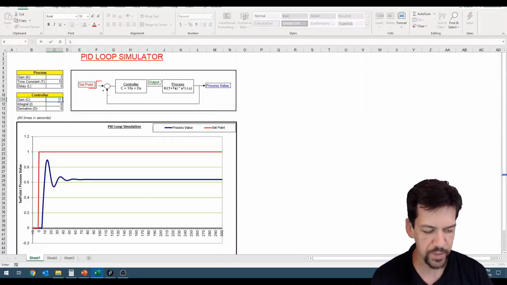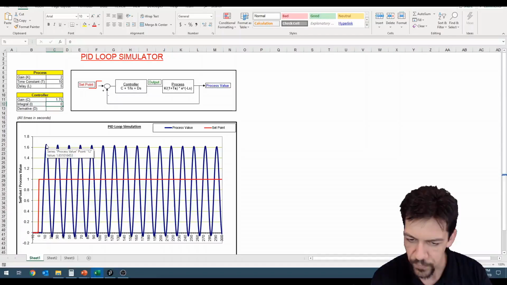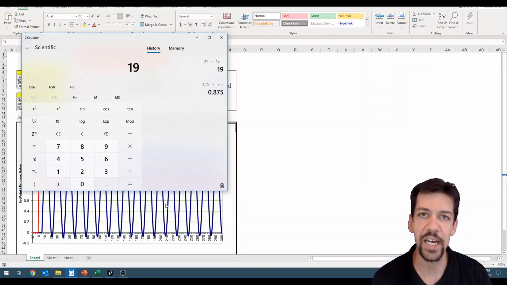So let's look at my critical period, and it looks like that's between 12 and 31. So 31 minus 12, whatever these units are, it's 19 units or 19 time steps, right?